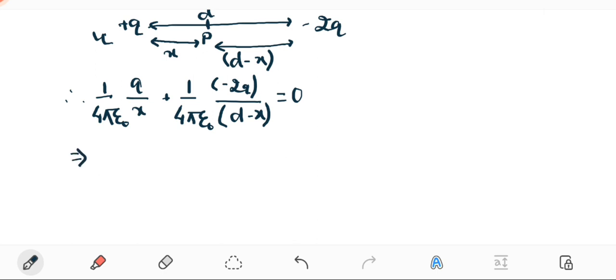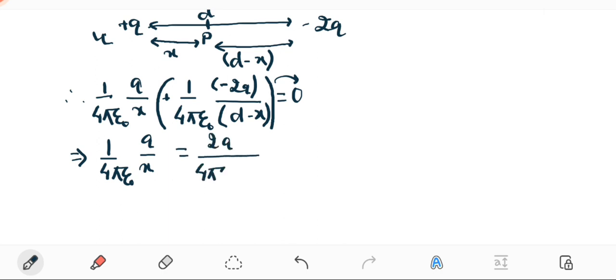Now when we solve it further, we get 1 by 4 pi epsilon naught q upon x, and when this part is shifted to the right hand side, negative will become positive 2q divided by 4 pi epsilon naught d minus x. Okay, now let's solve it. 1 by 4 pi epsilon naught gets cancelled, q and q also get cancelled. Now when we solve it, we get d minus x is equal to 2x.